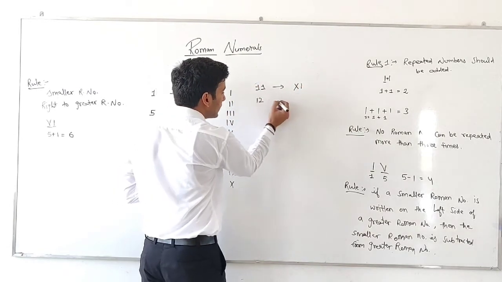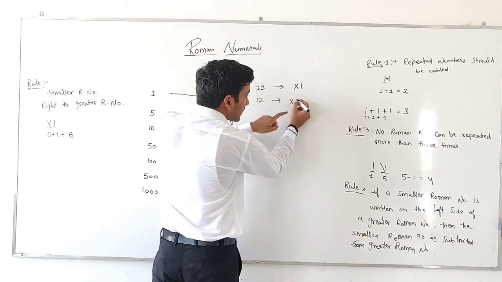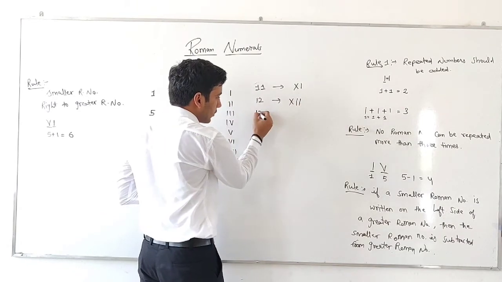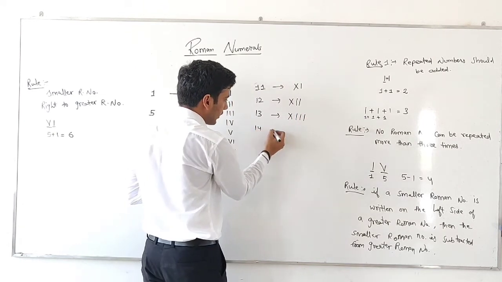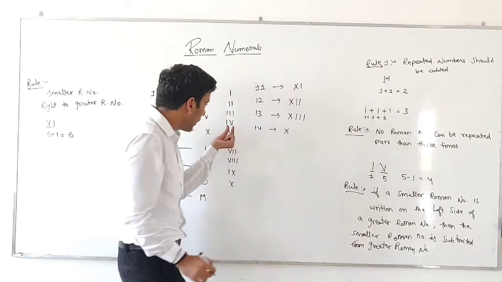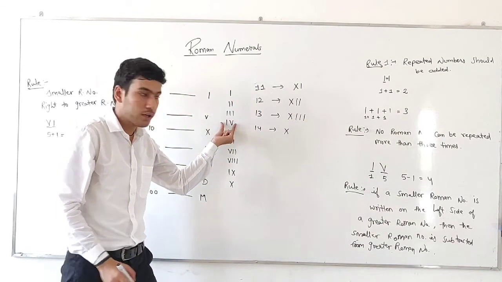Next, what is the Roman symbol for 12? X and 2. For 13, X and 3. For 14, X, you have learned now, this is the Roman symbol for 4.